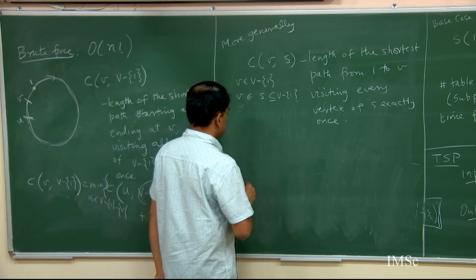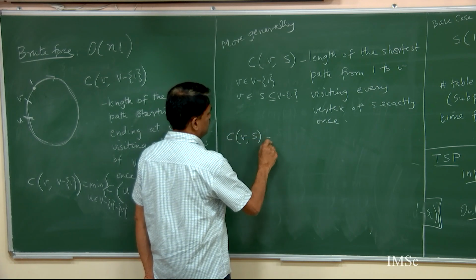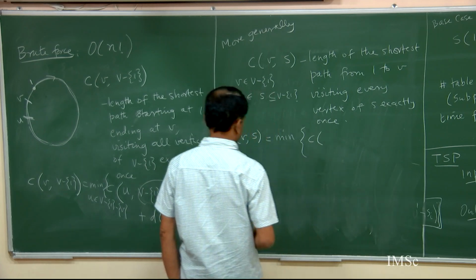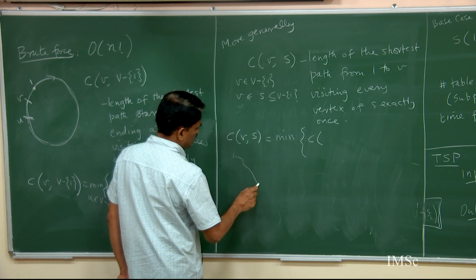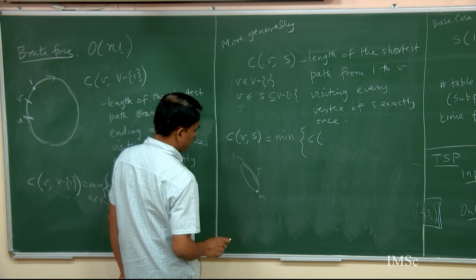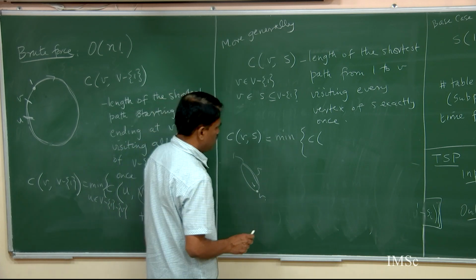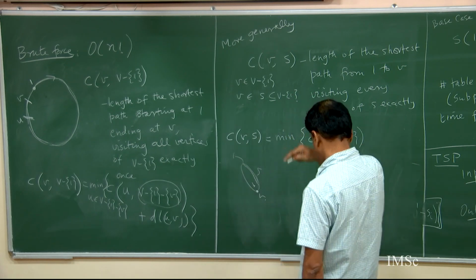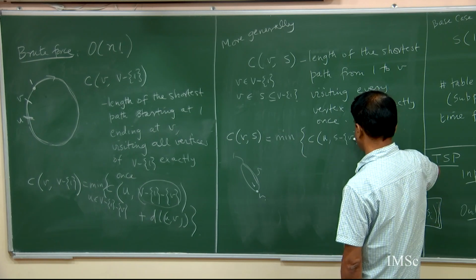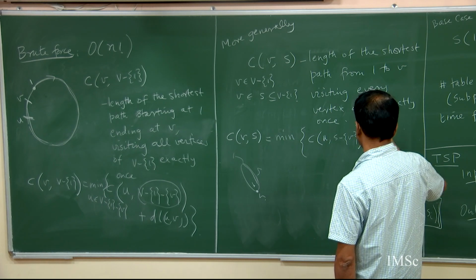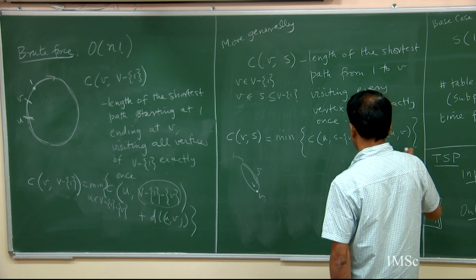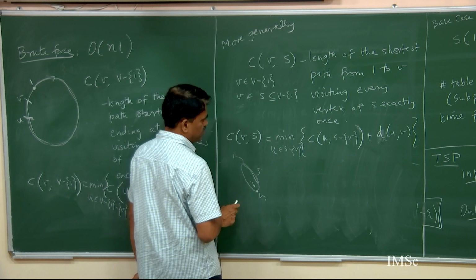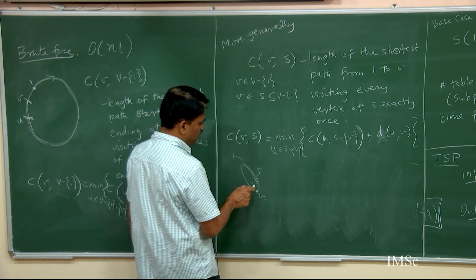So now let's write the recurrence for C(V,S). C(V,S) is equal to the minimum of: I want to start at 1, then visit all of S and end at V. So now I come back to this U. C(U, S minus V) plus the distance UV, where U is in S minus V, is what the previous vertex would be.